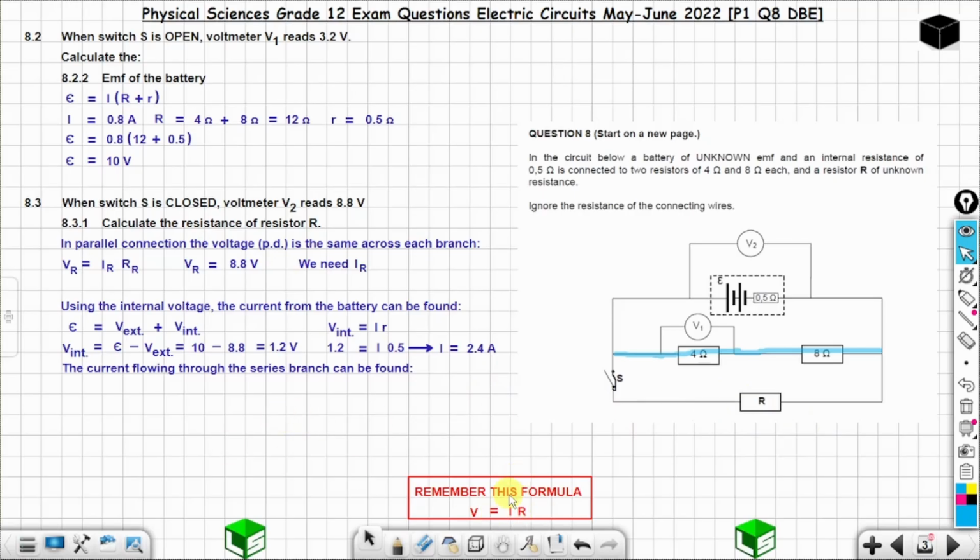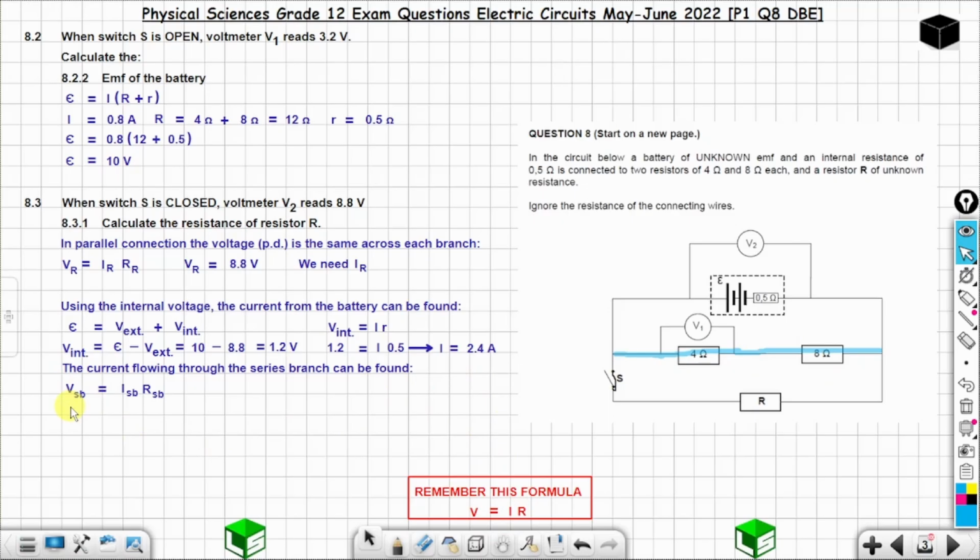So we are going to use this formula again. We know the voltage on this branch is 8.8 volts. Remember, you have a parallel connection, so the voltage on this branch is the same as on the other, 8.8.